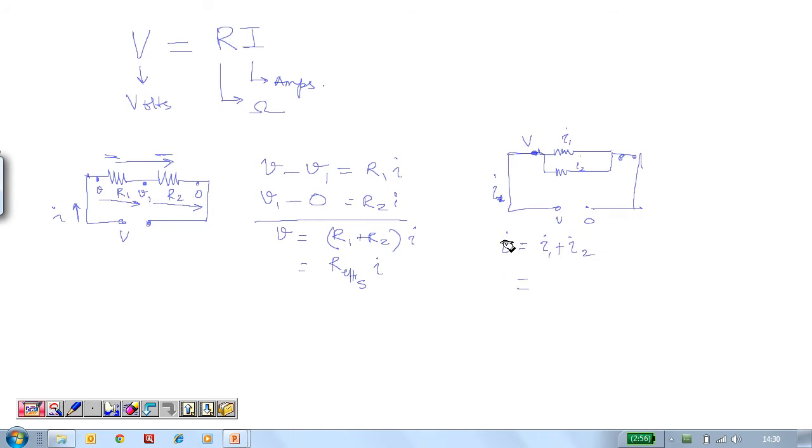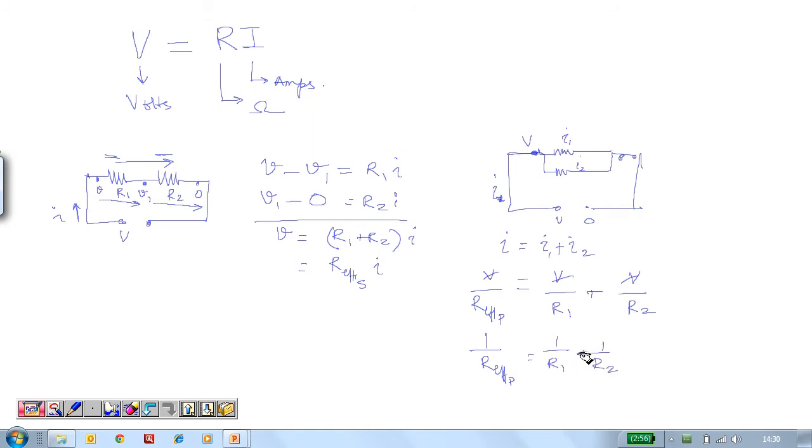Now I can be thought of as V divided by the effective resistance of the parallel circuit, and I is also equal to V divided by R1 plus V divided by R2. If we cancel V out, you end up with 1 upon R effective for parallel circuits equal to 1 upon R1 plus 1 upon R2.